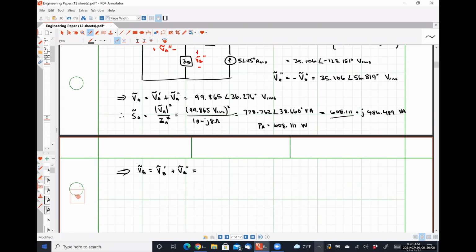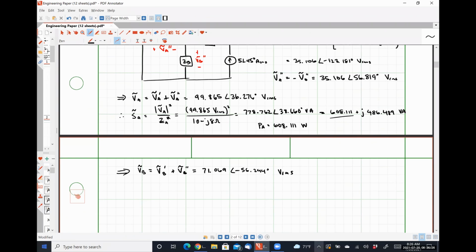So VB is 71.069 with an angle of negative 56.244 degrees.